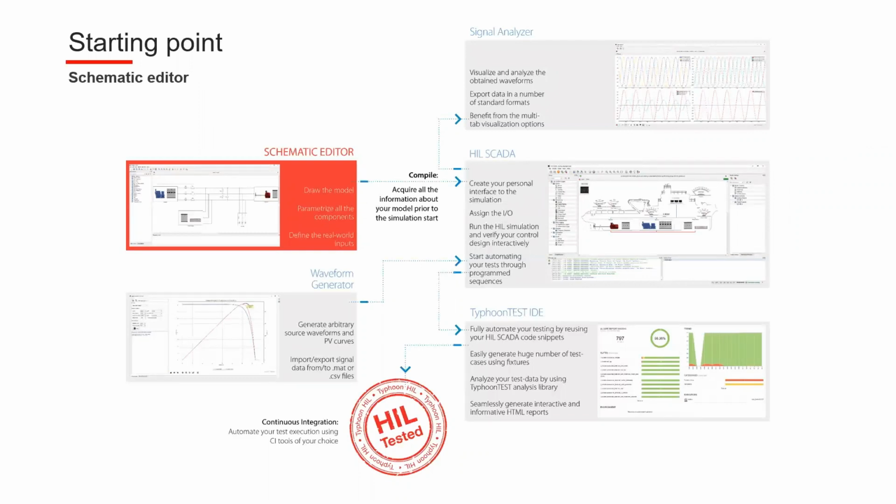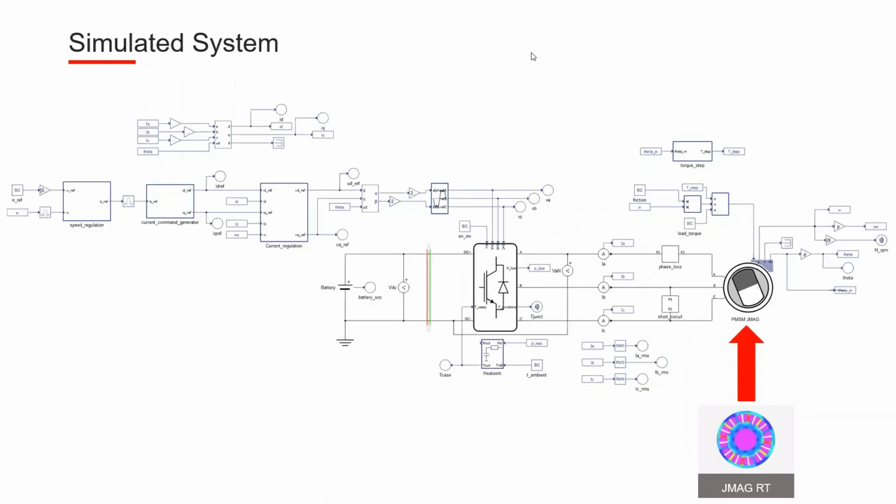Now we'll move on to the schematic editor. So I'll say a few words about the system that we are going to simulate today. We have the power stage here in black. So we have the battery, the inverter with the thermal model, and we have the machine, PMSM, which is actually going to use the JMAG-RT model to parameterize our machine.